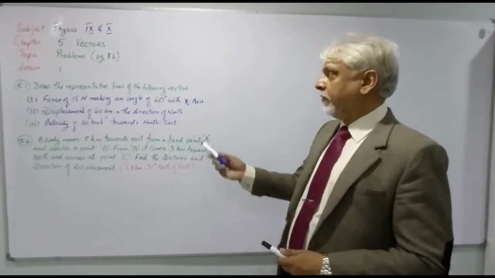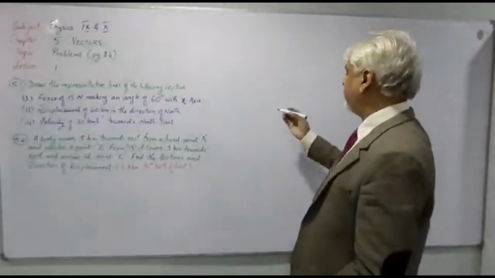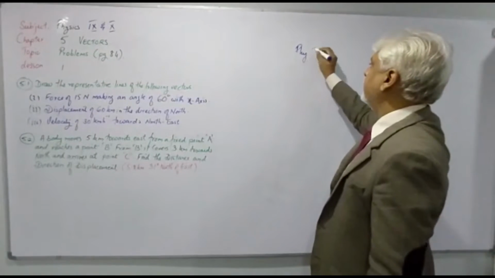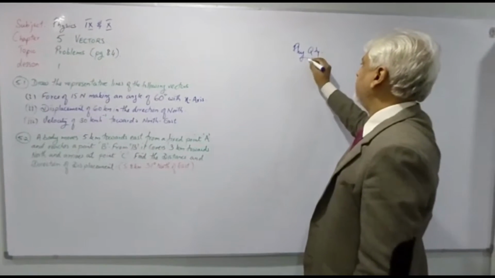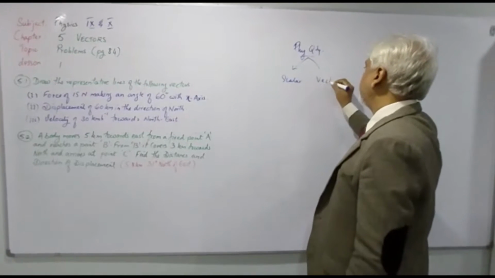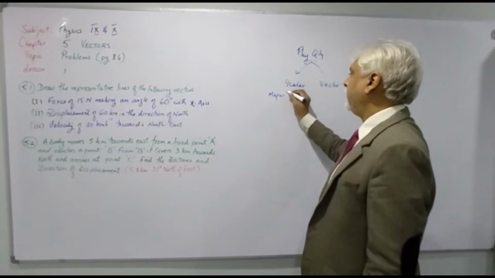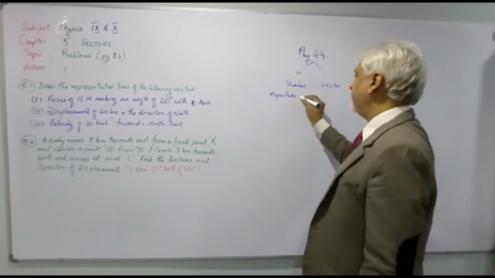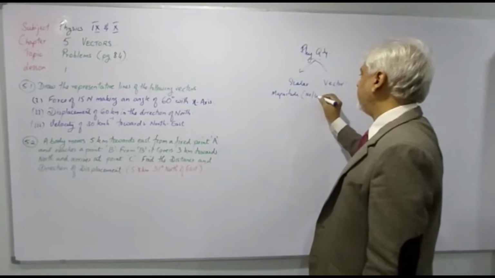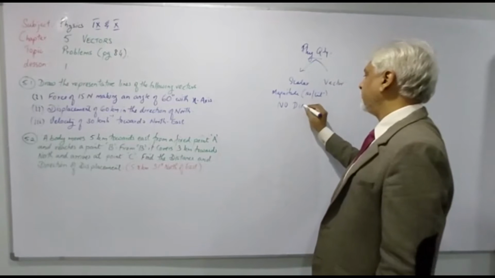Before I move on to the problem, let me just explain to you about vectors. You know that physical quantities are basically of two types, scalar and vector quantity. Scalar quantities are those quantities which have magnitude, a number and unit for specification, but no direction.